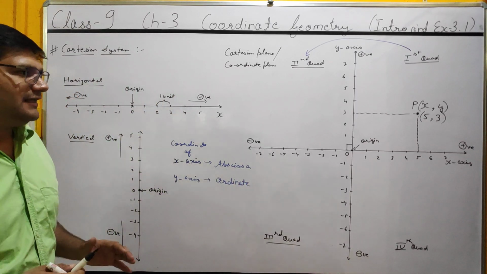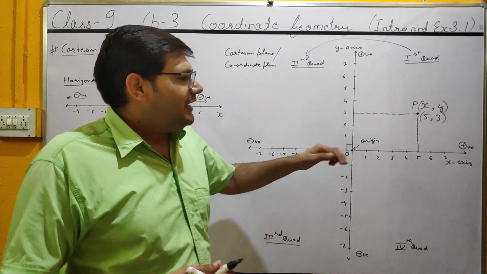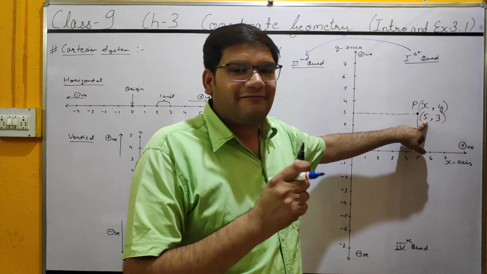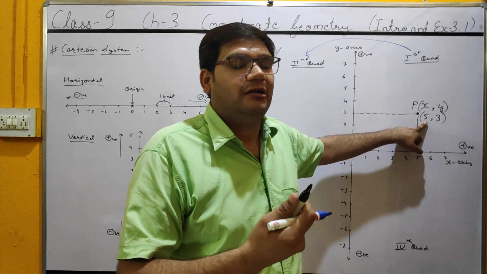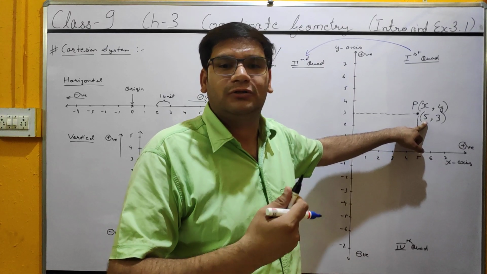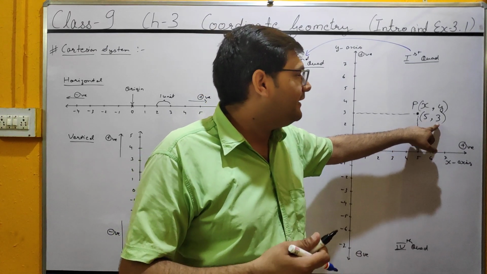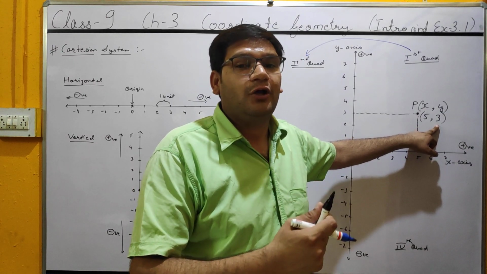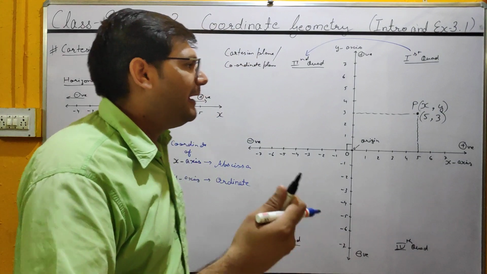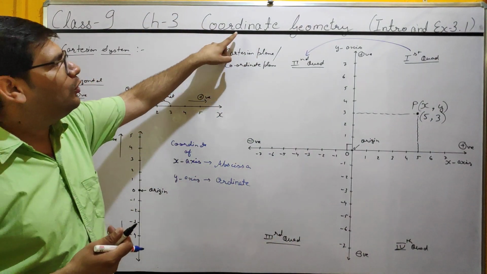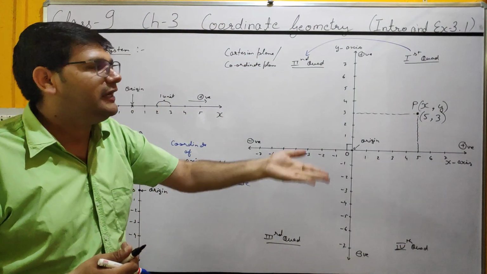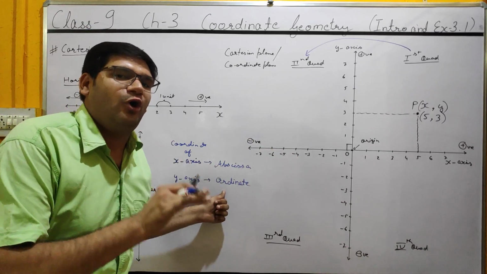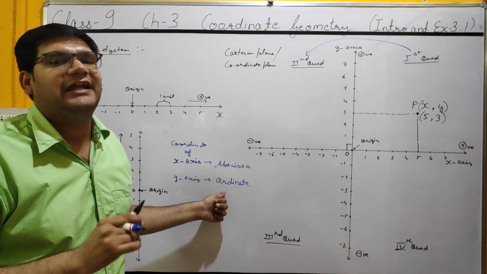The coordinate of x-axis, that is 5 here, is abscissa. This is another name for it. And the coordinate of y is ordinate. See the spellings. This is ordinate, O-R-D-I-N-A-T-E.